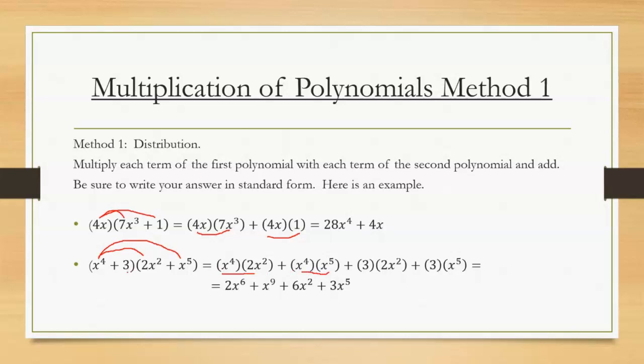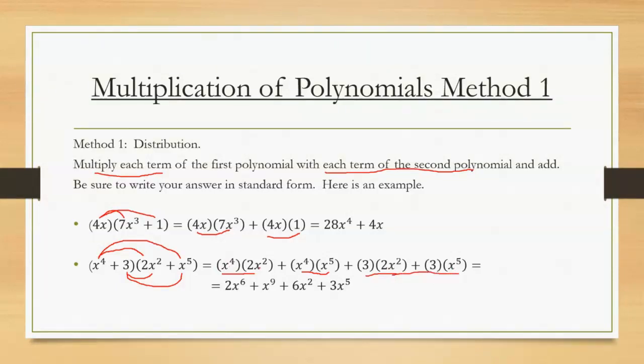And then the second term, we also multiply that with each term from the second polynomial. Again, we're multiplying each term from the first polynomial with each term in the second, with each term from the second polynomial.